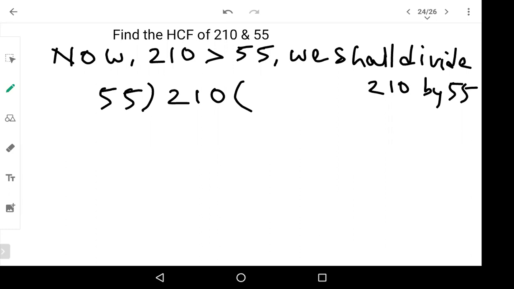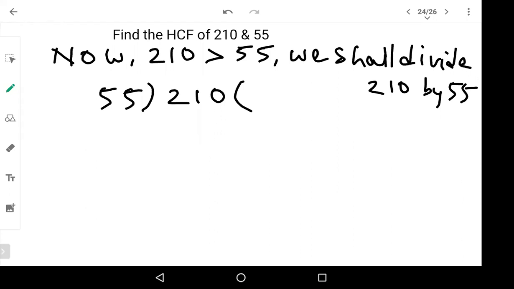Now, how much can I divide? Like 210 by 55, do I really get a direct number? Can you all find out and tell me what number I can use? Not 42, don't go by 42.